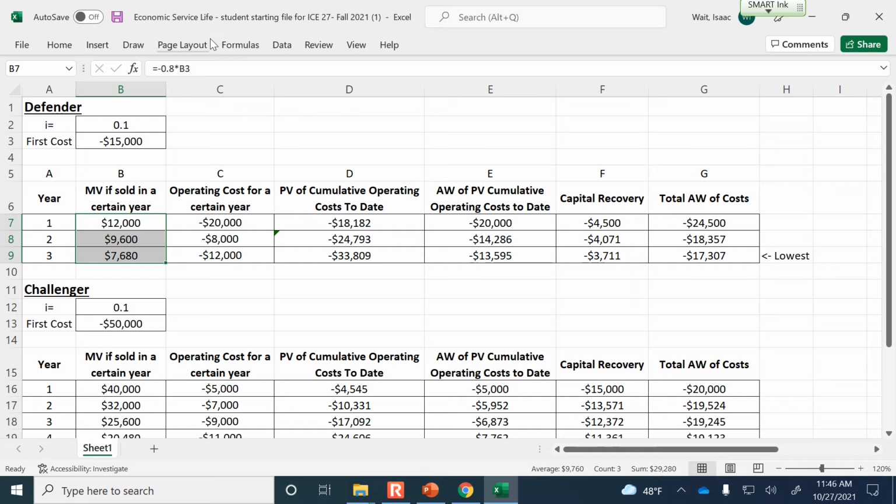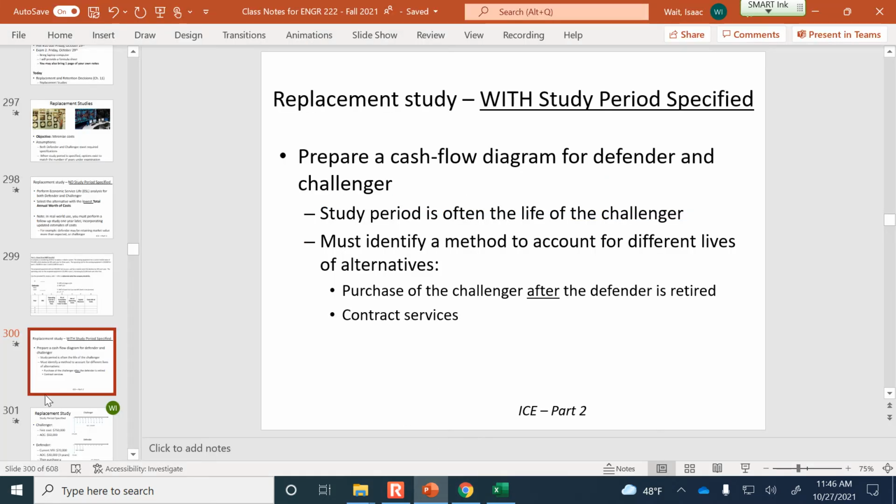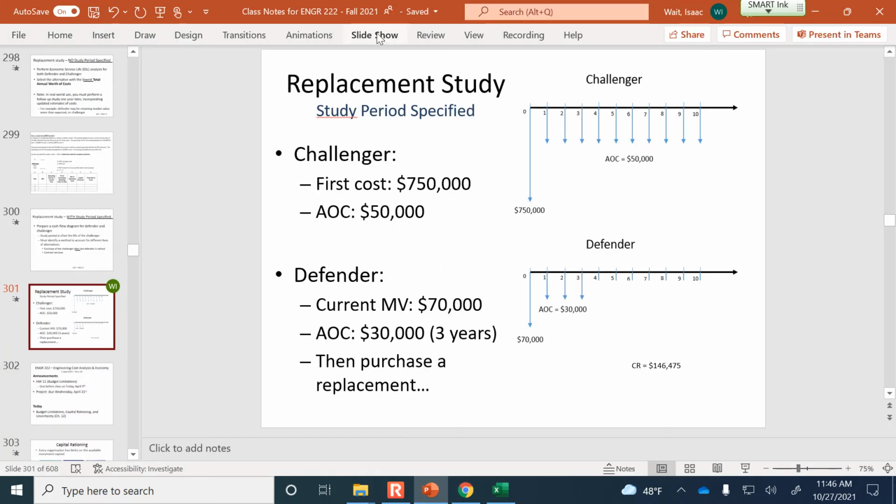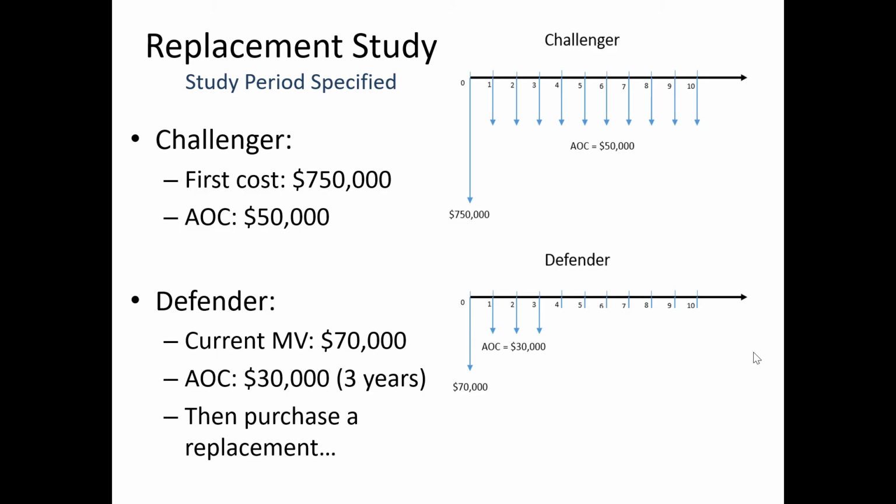Is it cheaper to buy the Challenger now or to put that purchase off some years in the future? And so that's kind of the crux behind this second part of the in-class exercise for today, is we've got a Challenger and a Defender where the matchup is that the Challenger, the new equipment, lasts for 10 years, but our Defender is only good for 3.